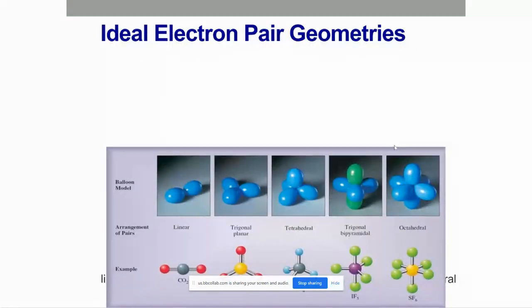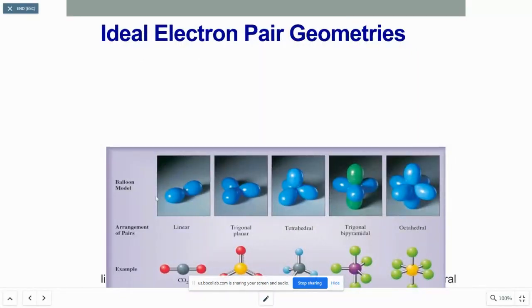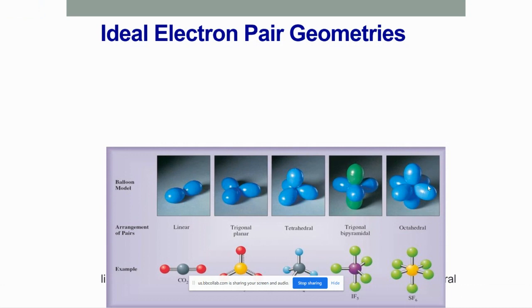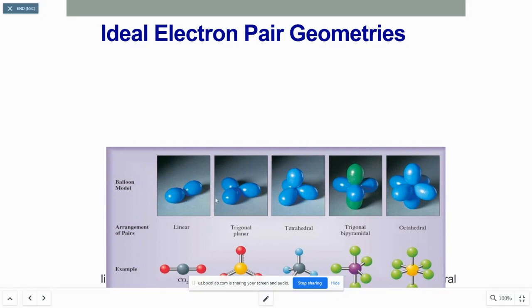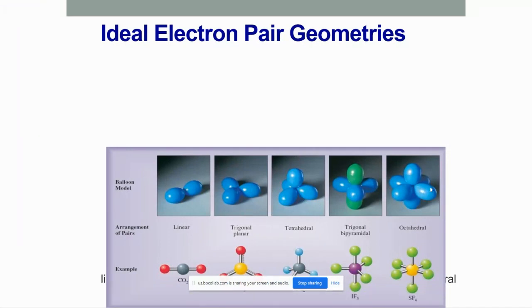If you look at the balloon model that you see here, whenever I tie 2 balloons together very tight, versus 3 balloons together, versus 4, versus 5, versus 6 balloons together, no matter how hard you try, this is the shape that you're going to get, where the balloons stay as far apart as possible.